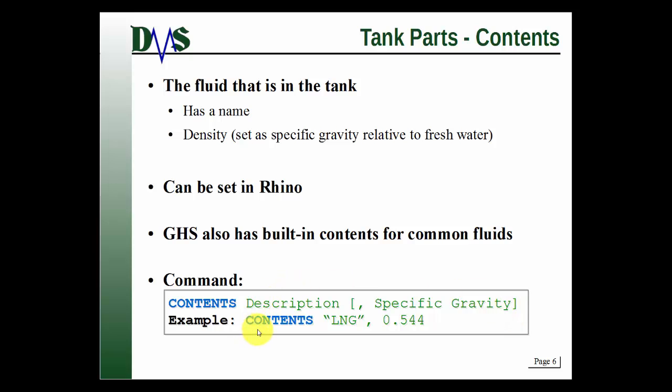So for example, if I wanted to define a new fluid of LNG, it's contents, LNG, comma, and the specific gravity. Now, if I was just using fuel oil, for example, I could type just contents, FO, because the FO name is a built-in GHS keyword, and it automatically knows to go look up the density for fuel oil.